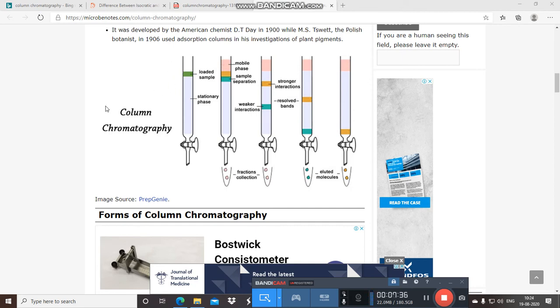You can use a liquid, that is your wet sample, or you can prepare a slurry with the adsorbent and then add it to your column, and that is the dry packing of your sample. I think we will not confuse the packing of the column with the packing of the sample. Packing of the column has dry and wet methods, and packing of the sample again has dry and wet methods. I think this is clear.